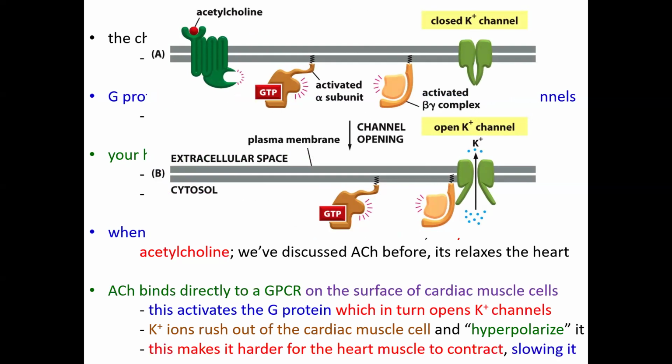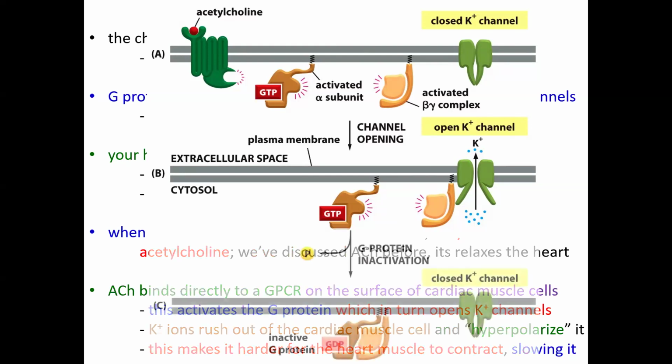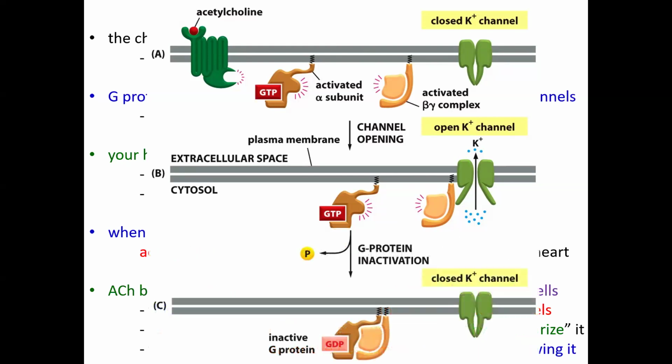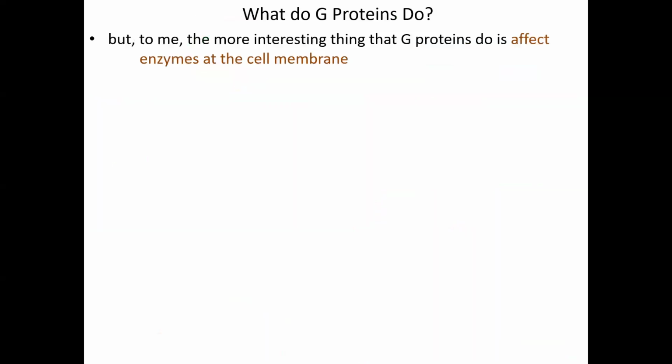And since the cell is hyperpolarized, that's going to make it so that a lot more sodium is necessary to enter the cell for an action potential to be fired. In other words, it makes it much harder for the cell to fire and cause the heart muscle to contract, so thus slowing it. So another example of how just a G protein coupled receptor, and the G protein it's coupled to, having a dramatic effect on the cell. But again, just another ion channel story.